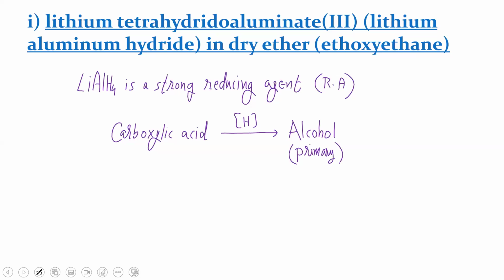This is the first reaction. Our chapter is carboxylic acid. We are doing carboxylic acid, and in this chapter, we are discussing the reactions of carboxylic acid. Remember, this symbol H is used for a reducing agent.